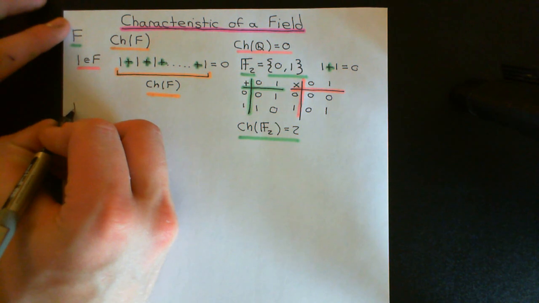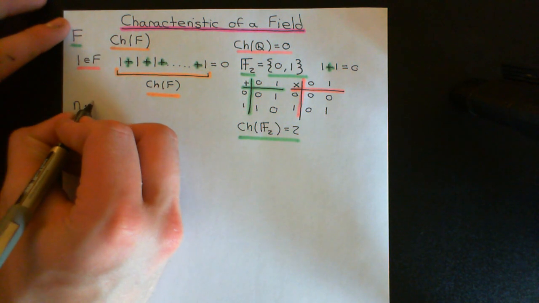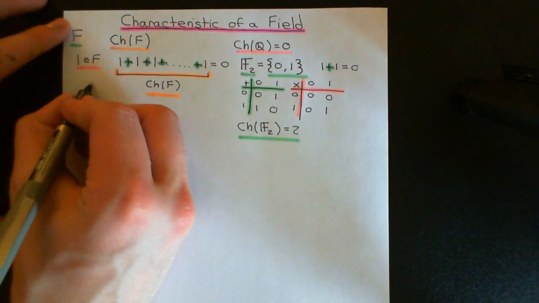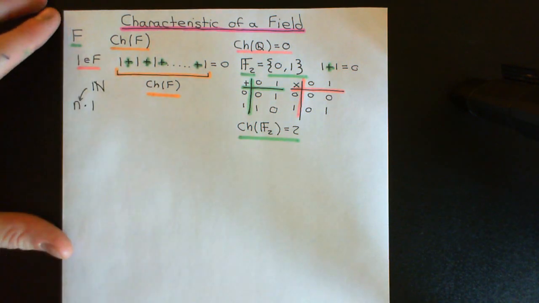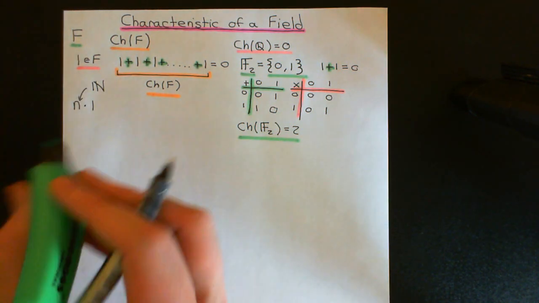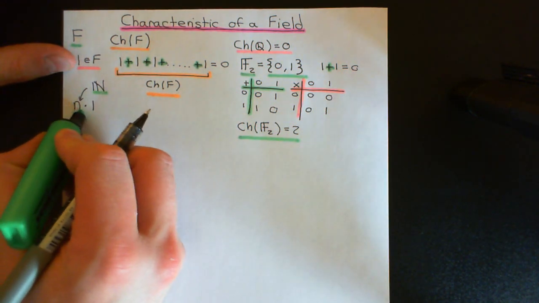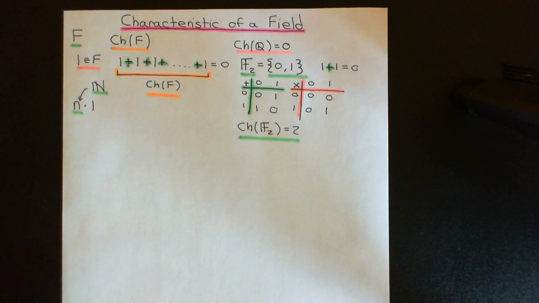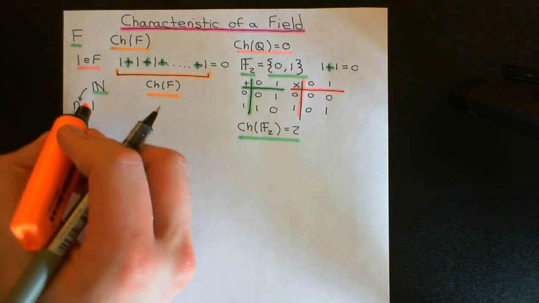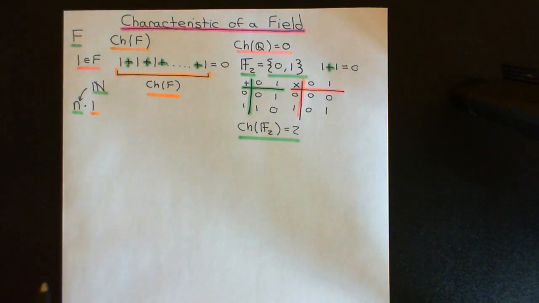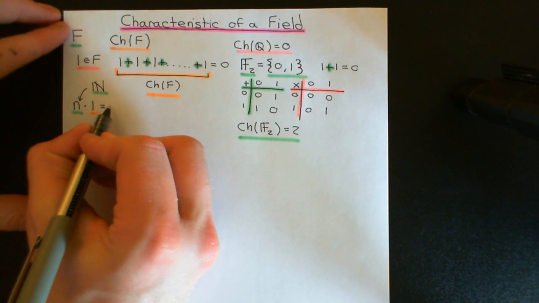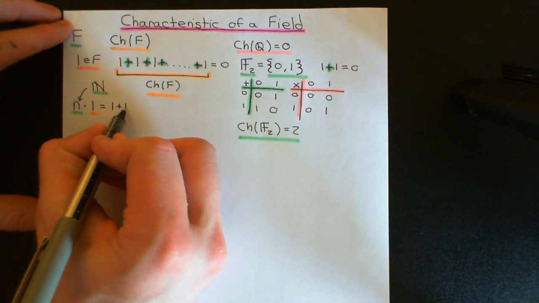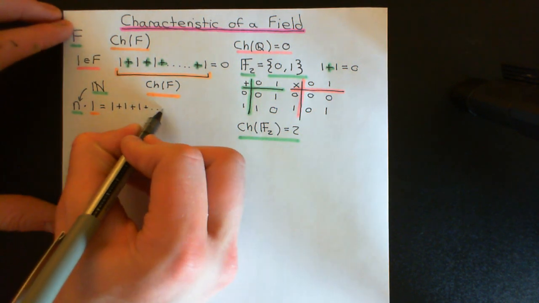We often write n dot 1, where n here is going to be some natural number, so some positive integer, a positive whole number, and 1 here is of course our multiplicative identity from the field. And what this will then mean is 1 plus 1 plus 1, n times.